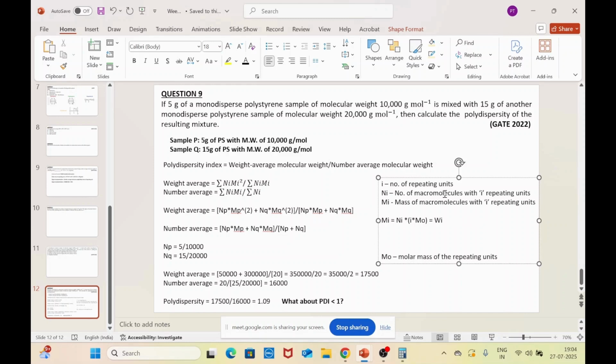But the summation of this NiMi, that is the mass of all the macromolecules in the sample with i repeating units, is going to be the overall mass of the sample. As I said, in a bulk sample it's not necessary that all the polymer chains have the same number of repeating units, because the processing conditions might be different.